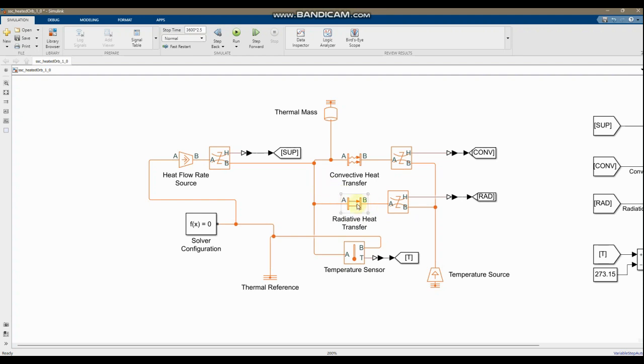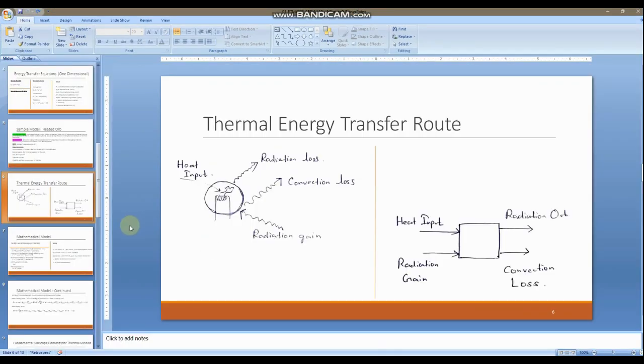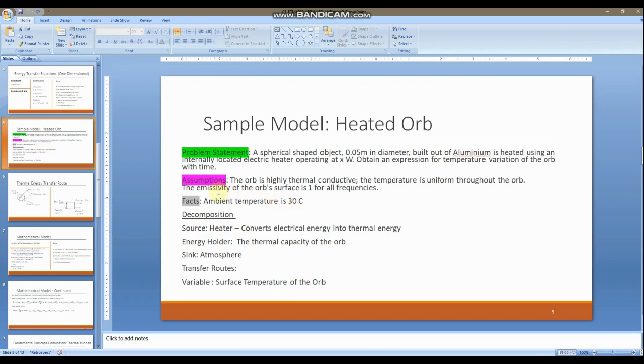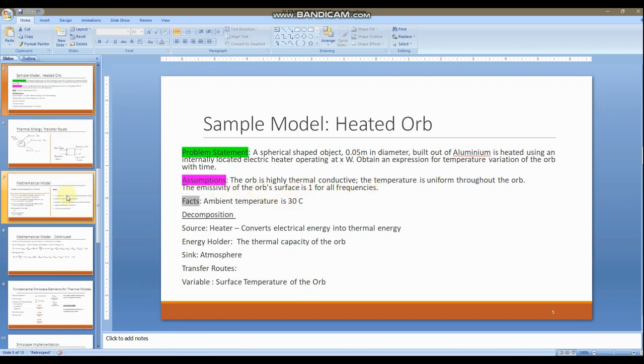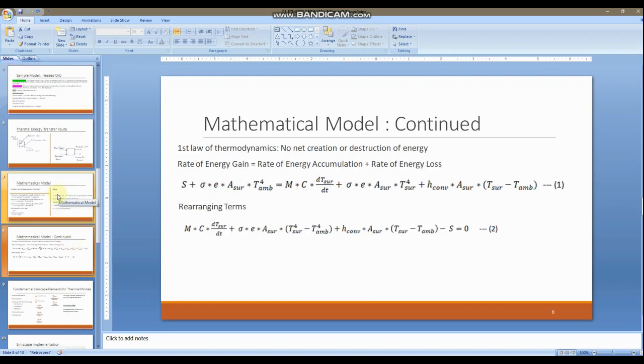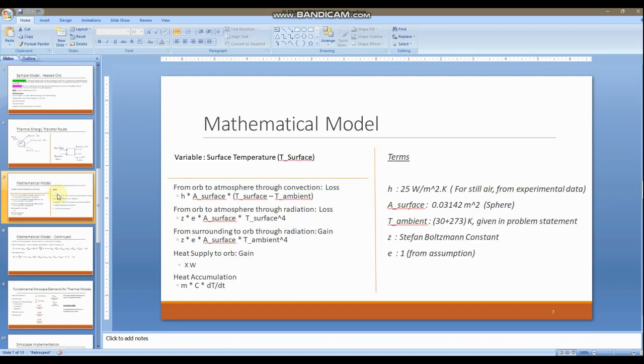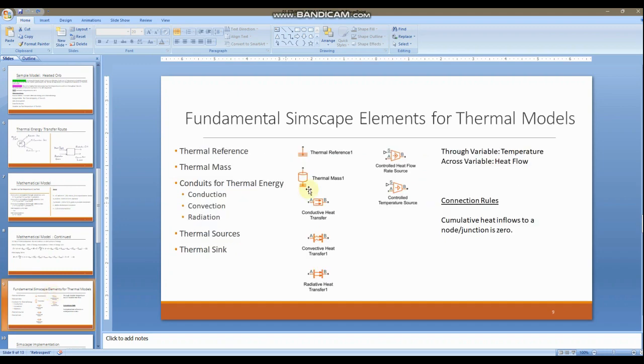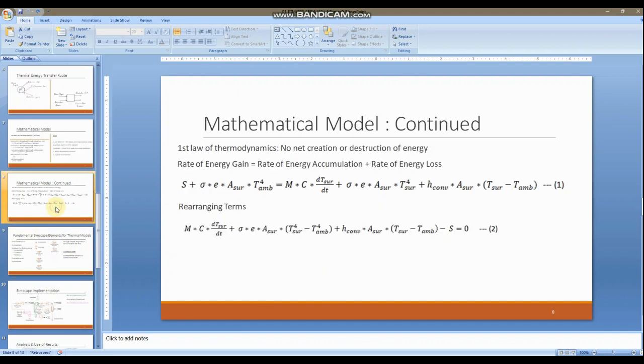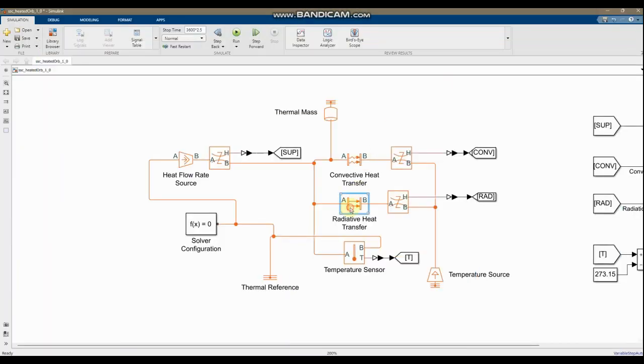But for our case, it's fine, since according to my assumption, the emissivity of the orb is 1 for all frequencies, and it's invariant of frequency, therefore the same. So we'll be using 1 for both emission and absorption, and therefore it would suffice for our case.